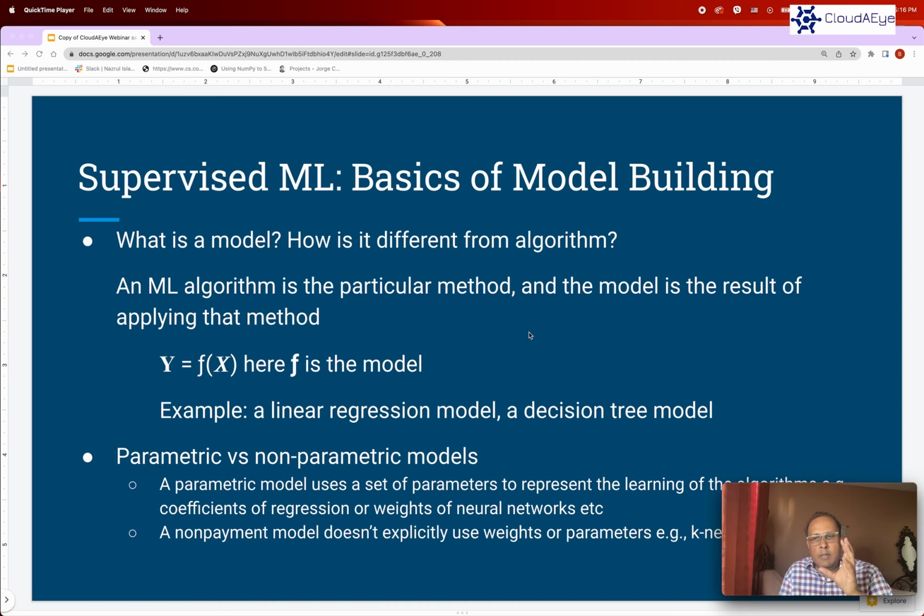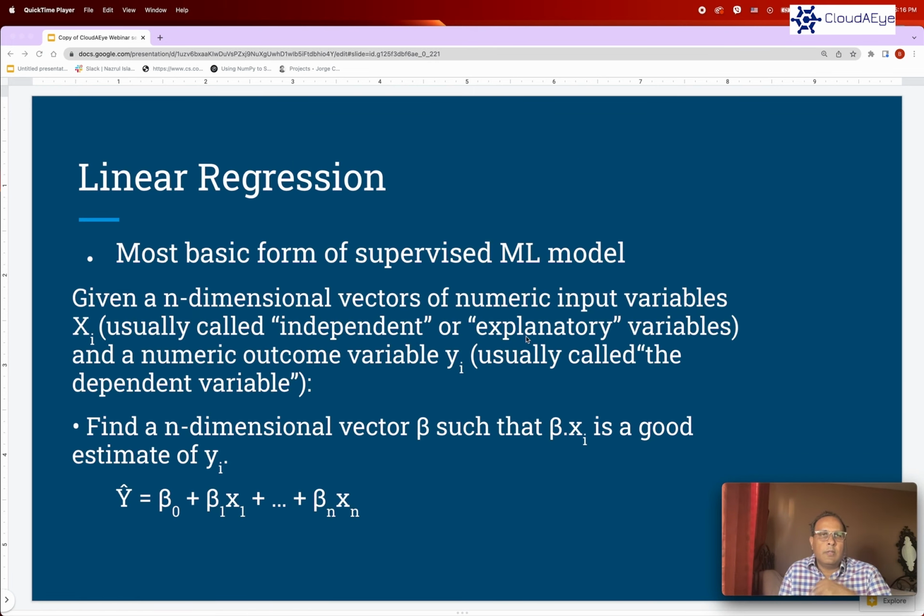So basically the relationship between the input and the output is learned through a function. We have seen examples of linear regression. In that case, linear regression is the function, and then we learn it through some coefficients. In our case, we call them beta 0, beta 1, beta n.